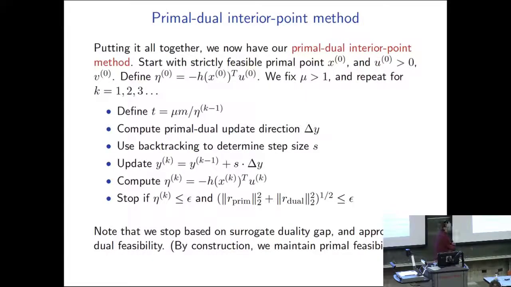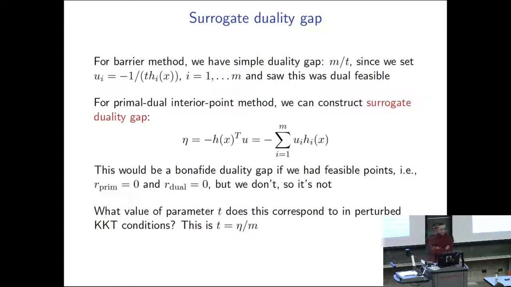Okay, guys, we're going to talk about the duality gap first, then introduce the primal dual interior point method in full. For the barrier method, as we've already mentioned, we have this very simple duality gap of m over t.